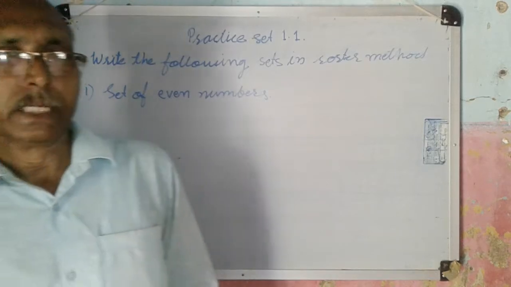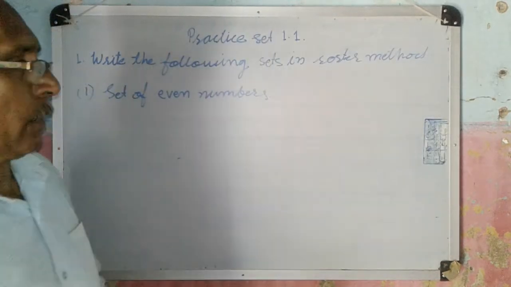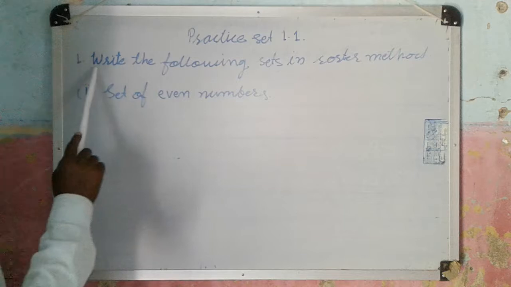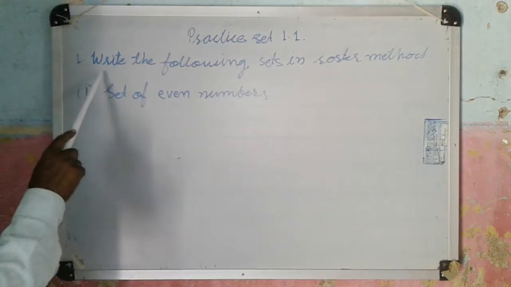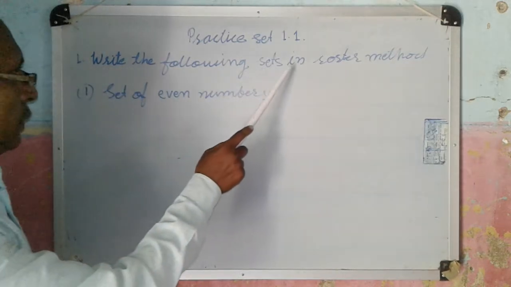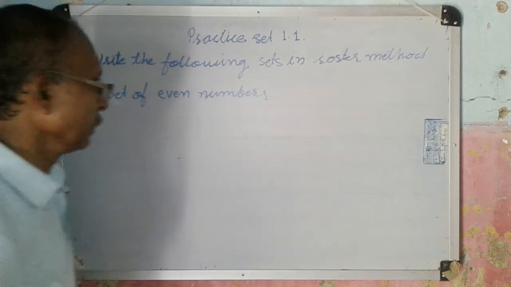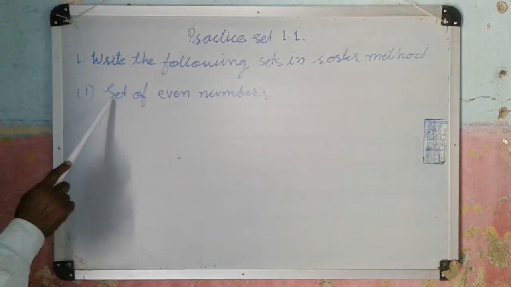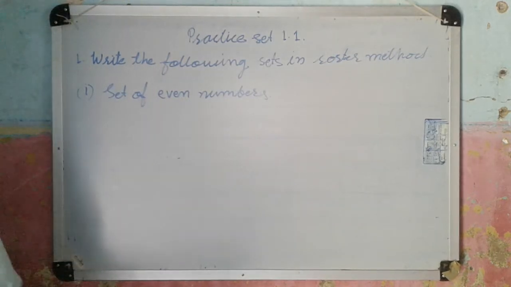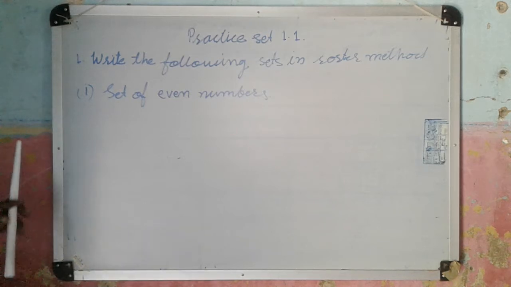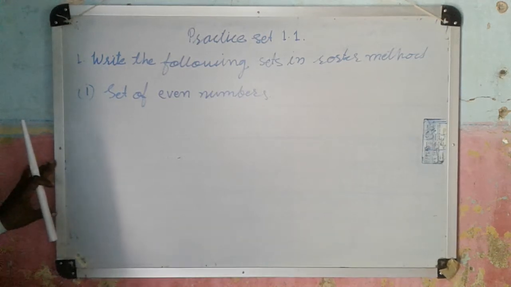Now we will solve some examples from practice set 1.1. Question number 1. Write the following sets in roster method. First example, set of even numbers. So you know even numbers, and you have to write the set of those even numbers.